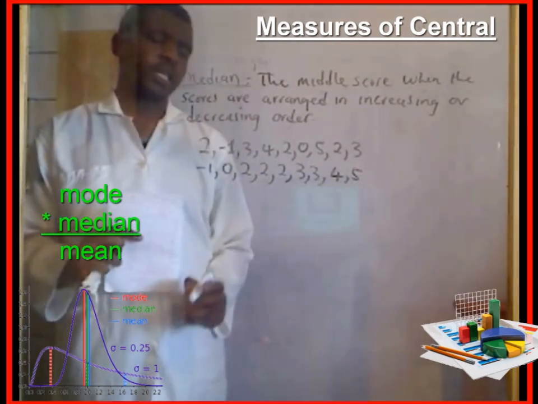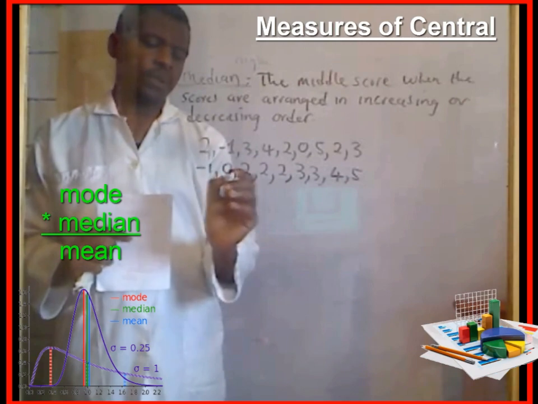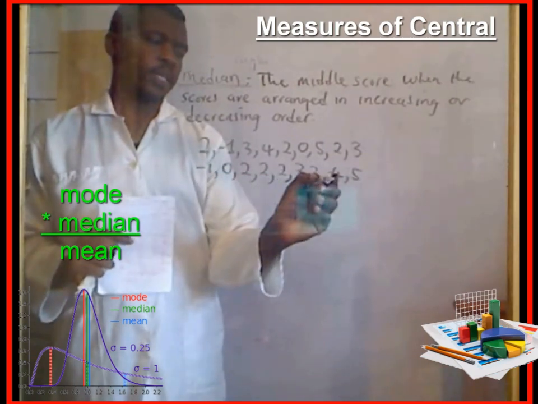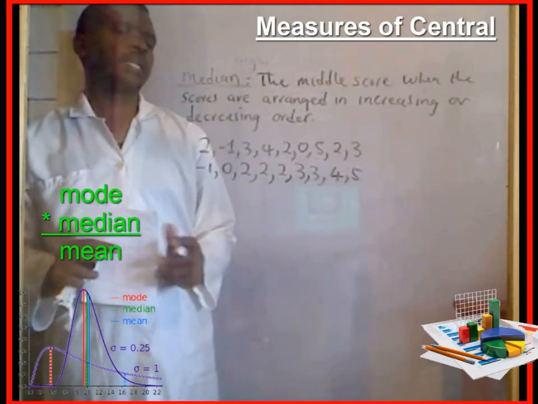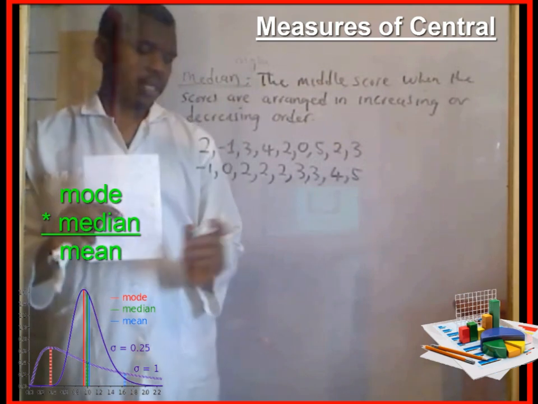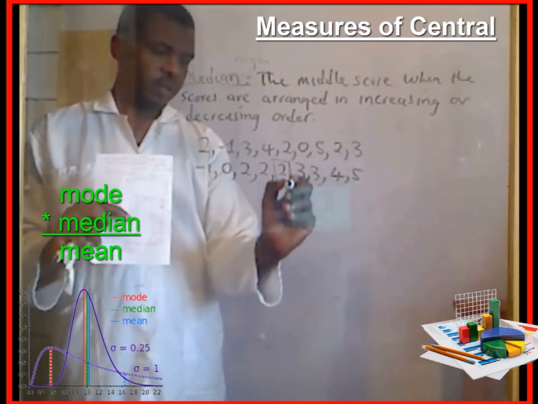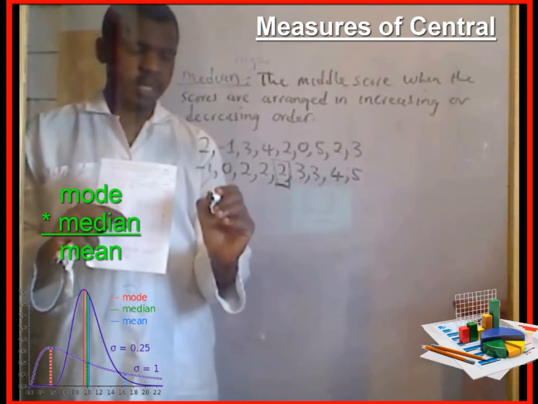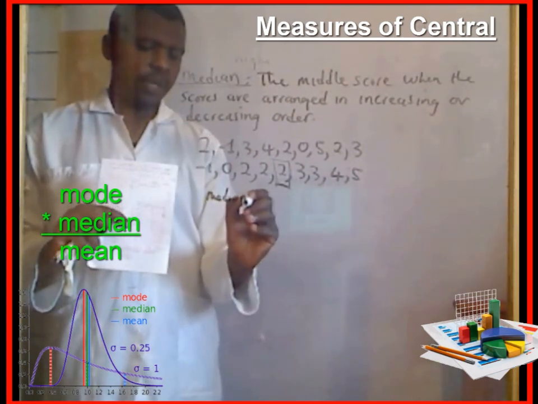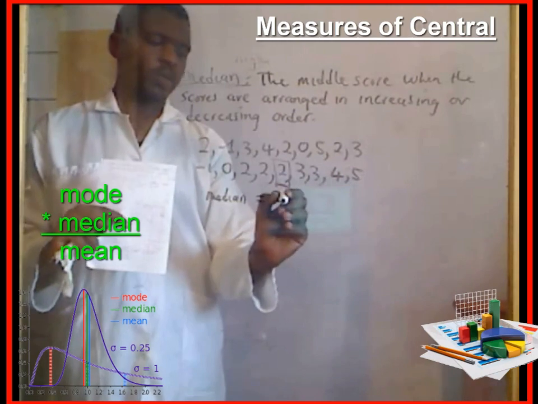So how many entries are there? There are 9 entries: 1, 2, 3, 4, 5, 6, 7, 8, 9. So the term that is in the middle is our median. So the fifth term will be the median. So the median here is equal to 2.